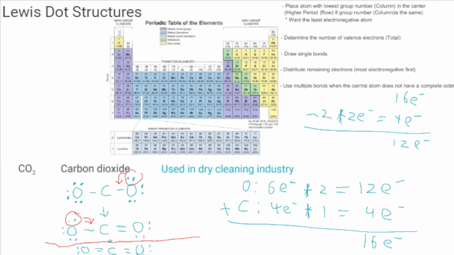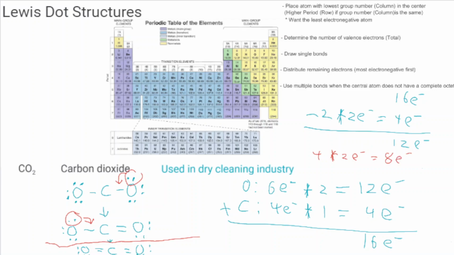We're going to go ahead and double check to make sure we have the correct number of electrons. So in total now, we have 1, 2, 3, 4 bonds. So we're going to have 4 bonds at 2 electrons each, giving us a total of 8 electrons.